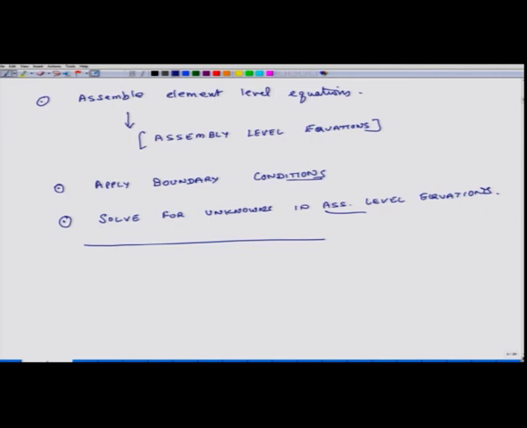So, in the next 10-15 minutes, we will illustrate this methodology. So, we will go through an example. So, suppose I have a hollow cylinder, and so this is all material, and suppose in this hollow cylinder heat is flowing.